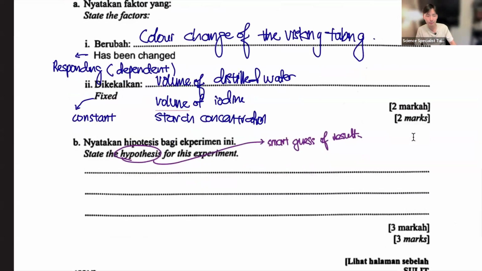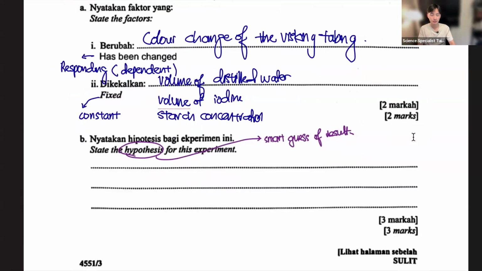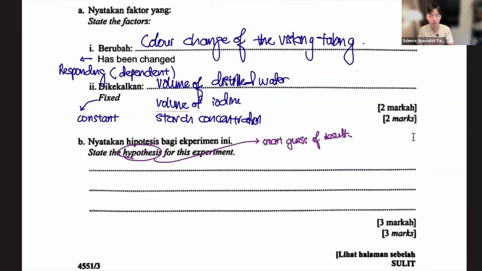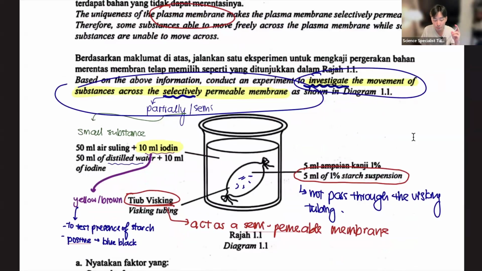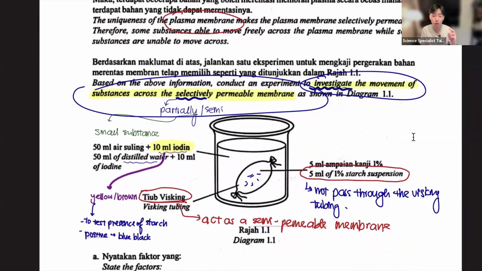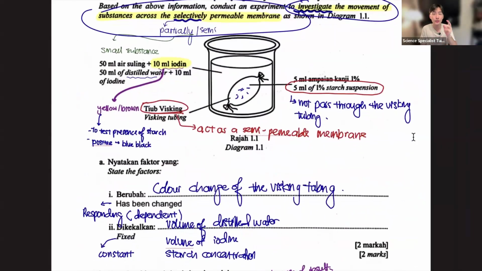So for my hypothesis, don't straight away write, this one will turn blue-black. The title doesn't say blue-black or something. The title says movement of substances. So you talk about who can move and who cannot pass through.